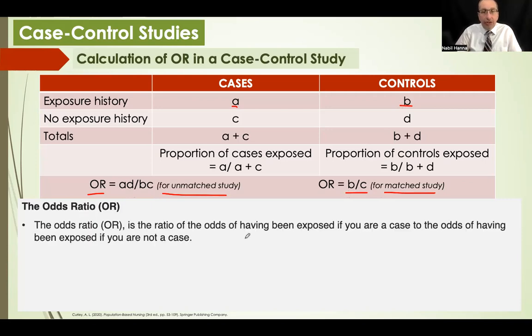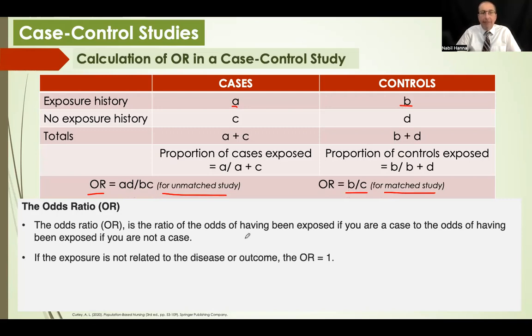So the odds ratio is the ratio of the odds of having been exposed if you are a case to the odds of having been exposed if you are not a case. If the exposure is not related to the disease, the odds ratio will be 1. If the exposure is related to the disease or the outcome, the odds ratio is more than 1.